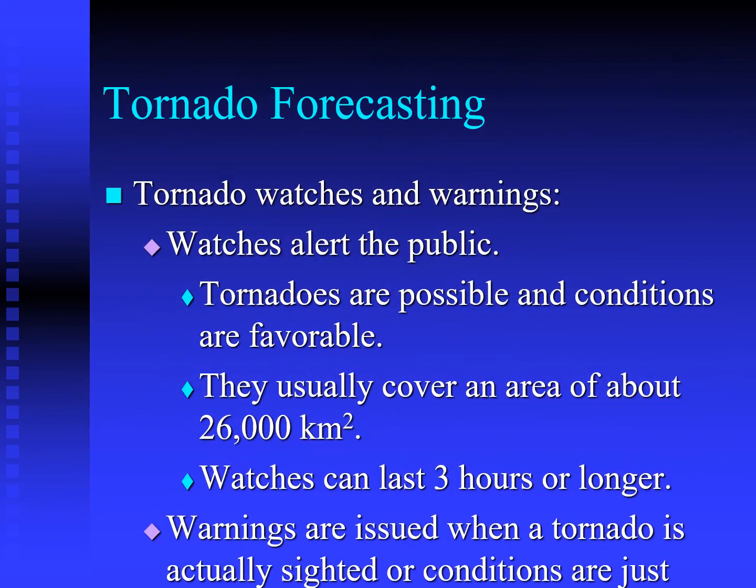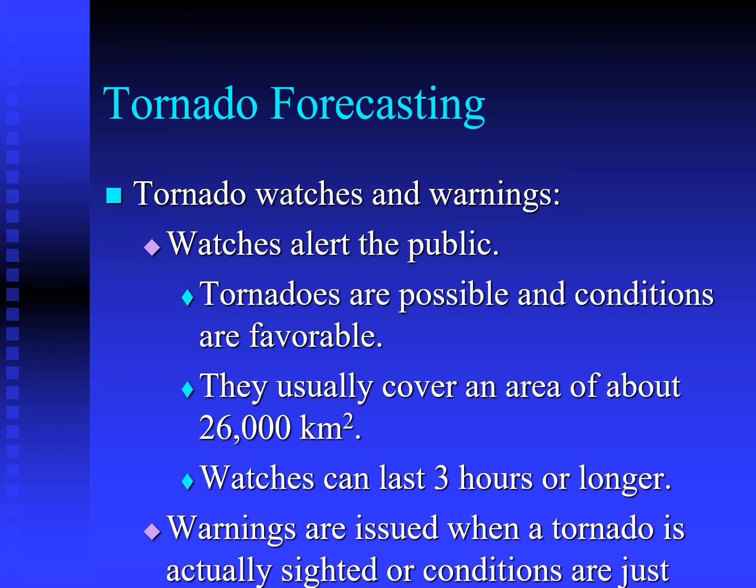Okay, so tornado forecasting. A tornado watch versus a tornado warning. You're going to need to know the difference here for your exam. Easy stuff. A tornado watch is issued whenever the conditions are favorable that tornadoes could form.